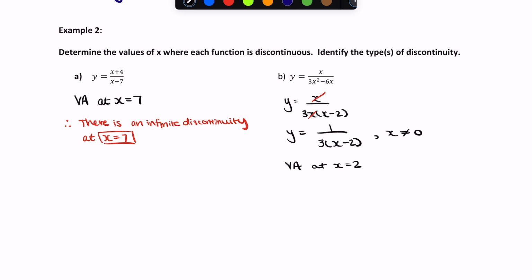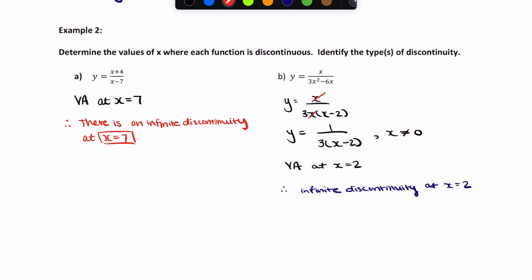So therefore, we have a few things. Number one, we have a vertical asymptote at x is equal to 2, which means that therefore we have an infinite discontinuity at x is equal to 2.